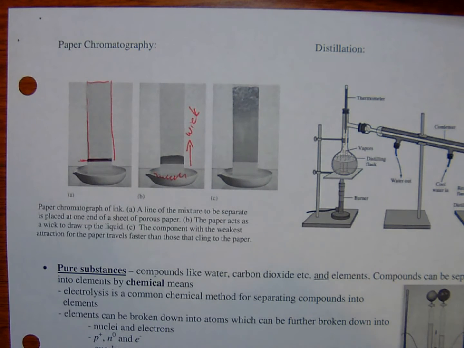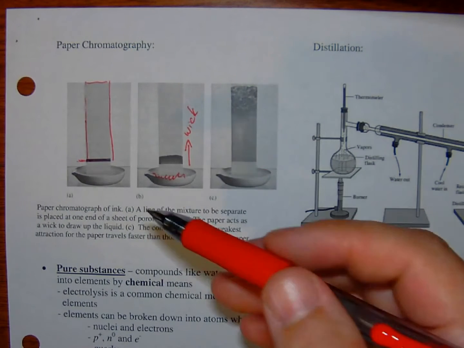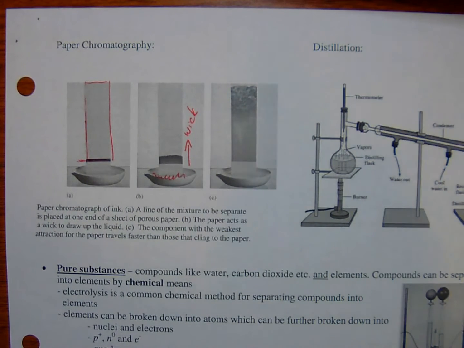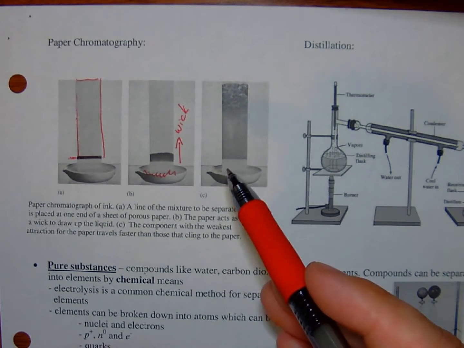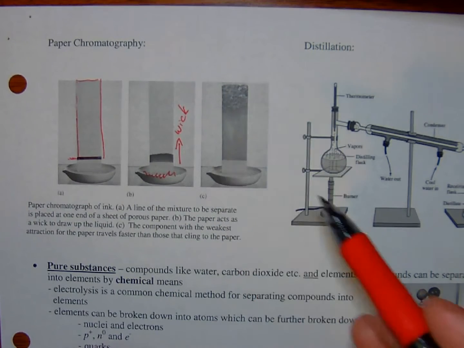Purple and blue pigments travel a little bit further because they're not quite as attracted to the paper. It's a pretty elaborate system, but you're separating this mixture of inks based on their attraction to paper. But you're doing it by physical means because you're not changing the nature of the ink at all, right? No chemical reactions, no nuclear reactions, just physical separation.